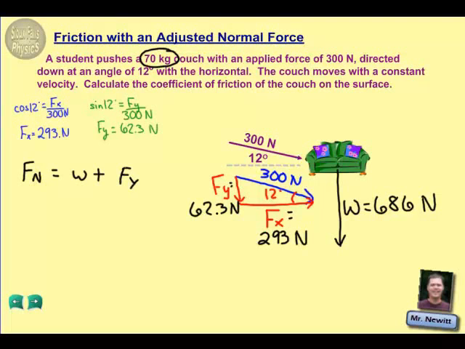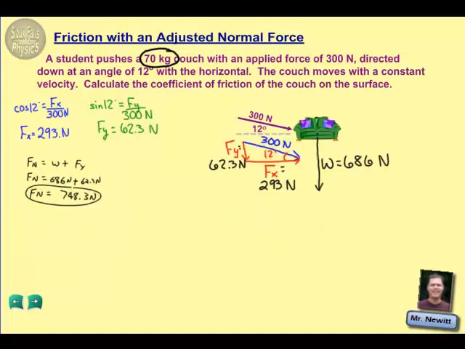So adding the 686 newtons of weight plus the 62.3 newtons of F sub y, we get a new normal force that is being supplied by the floor upward of 748.3 newtons.